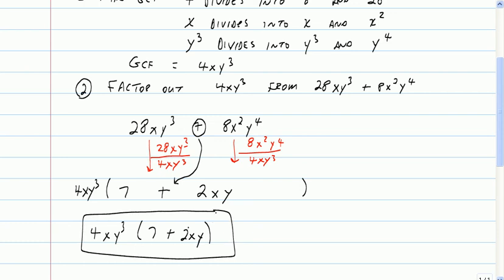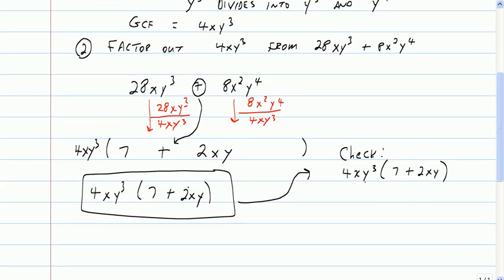And we can check this answer, and it's a very good idea to do that because it's simple enough to do, by just using the distributive property and multiplying the 4xy cubed through the parentheses.